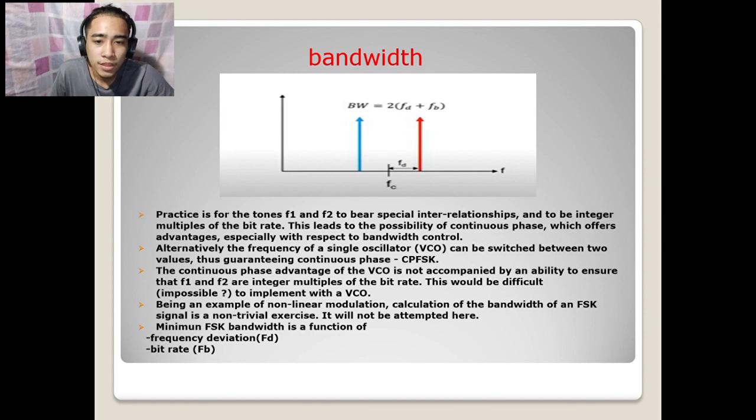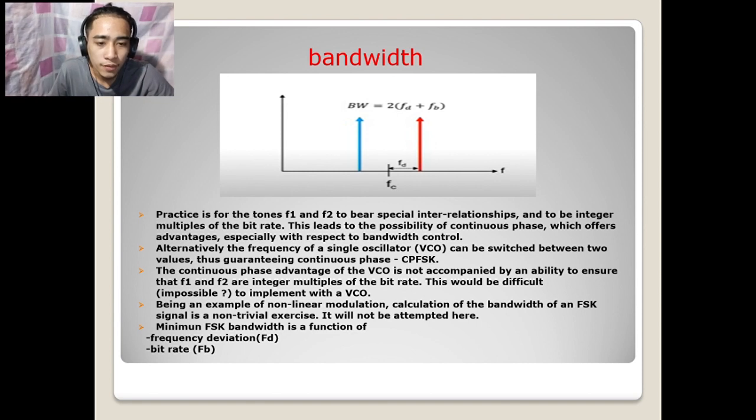Bandwidth. Practice is for the tones F1 and F2 to be special in interrelationship and to be integer multiples of the bit rate. This leads to the possibility of continuous phase, which offers advantages, especially with respect to bandwidth control.